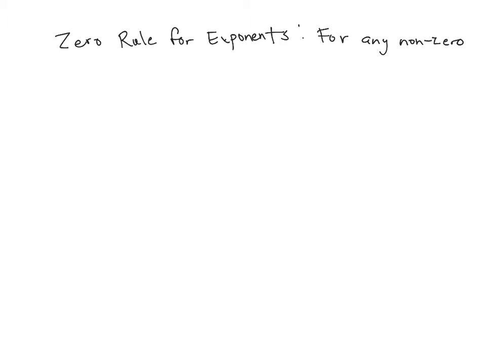Our first new rule of today is going to be called the zero exponent rule, or the zero rule for exponents. What the zero rule for exponents says is, for any non-zero number a, a to the power of 0 is equal to 1.